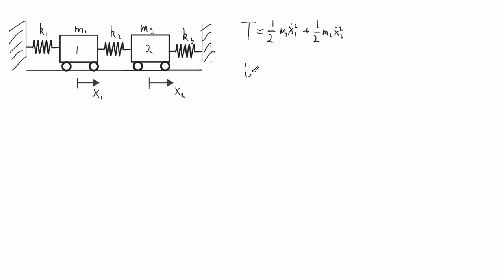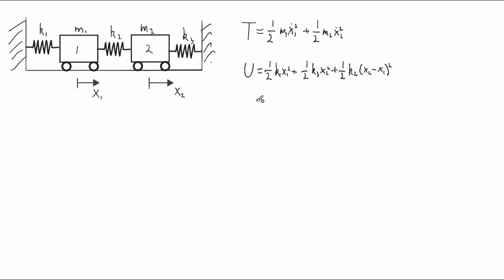The potential energy is going to be the elastic potential energy of all the springs. So that will be 1/2 k for the left and rightmost springs. And the central spring will depend on the difference in the position of the 2 masses. So that's the potential energy.